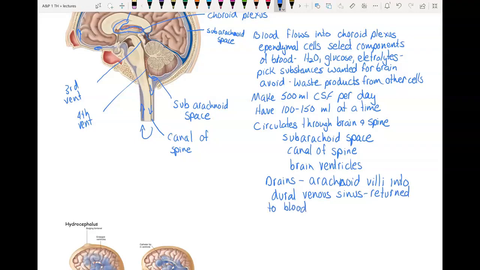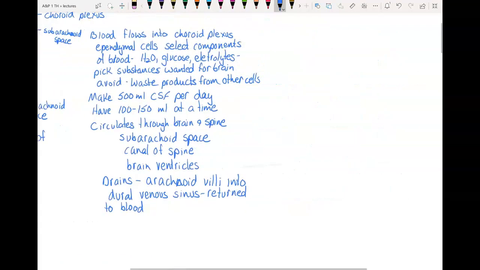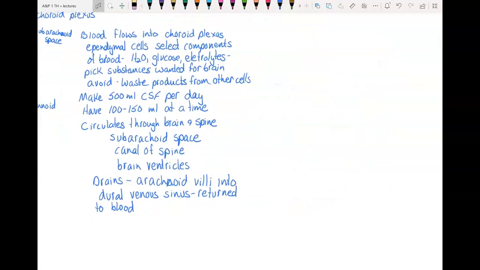So then if we look at the functions of this cerebrospinal fluid, as it's flowing through, it is nourishing the brain because it has glucose, it has electrolytes. So it nourishes your brain and spine.